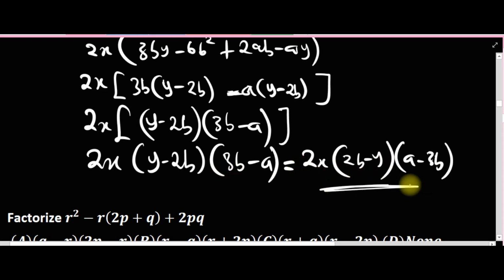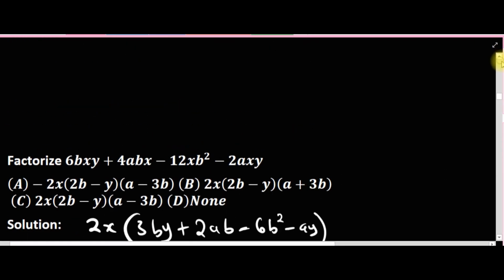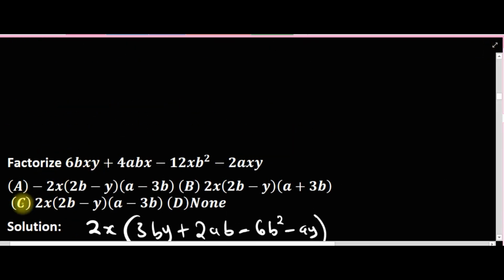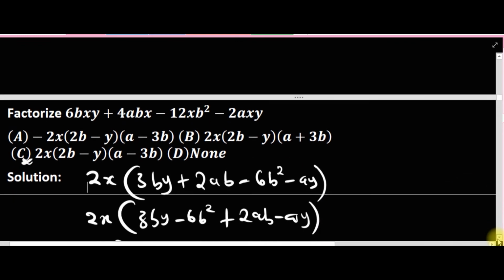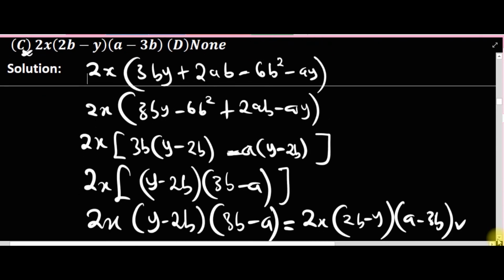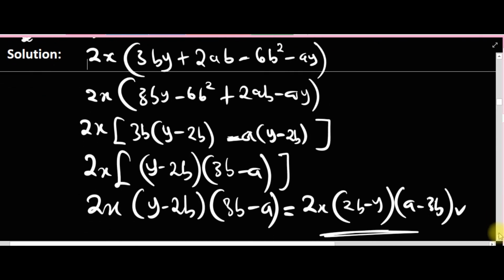So the answer is C. Check, C is the same as this. Please don't rush to choose D. Whenever you have none of the above in any option, you have to look well. Check out well before you choose the answer. The answer is C.